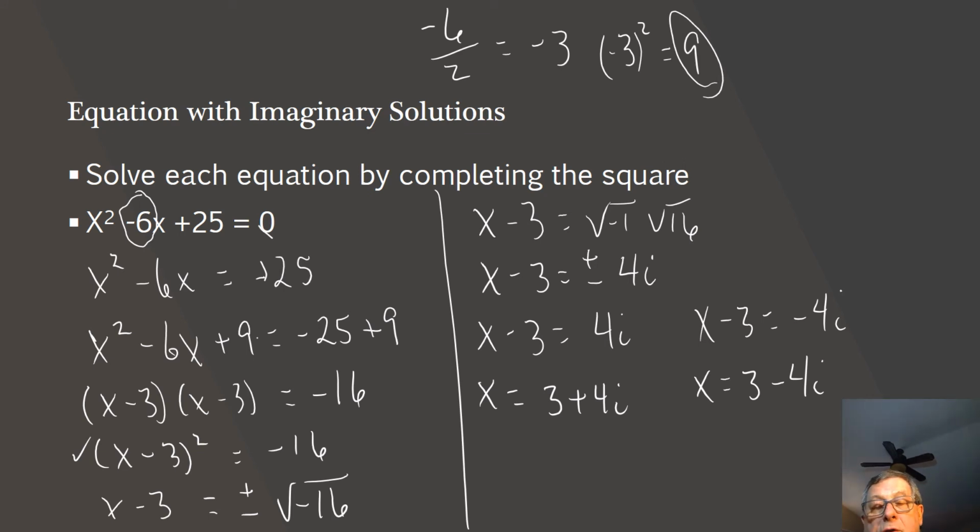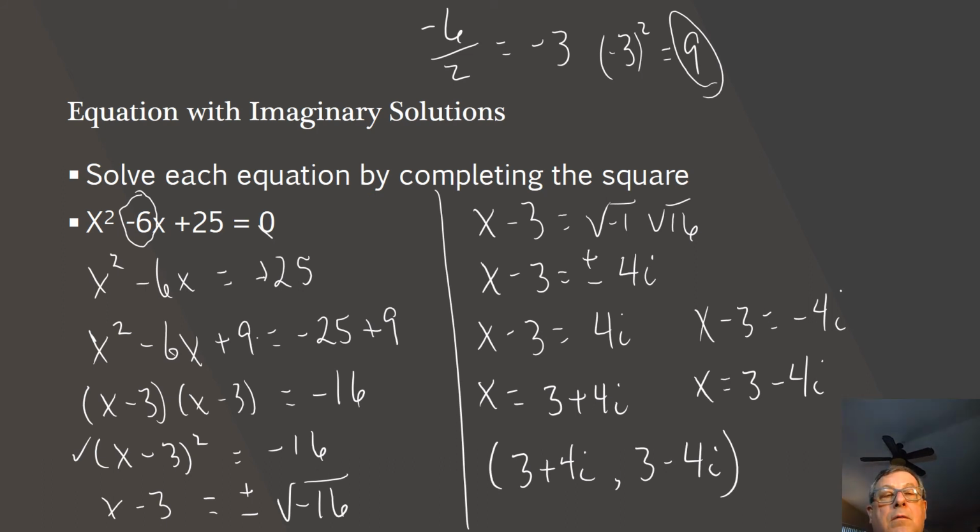And so our two solutions, and they're imaginary, are as follows: 3 plus 4i, comma, 3 minus 4i, and shazam, there's our solution of this equation by completing the square, where we end up with imaginary or complex numbers as our solution.